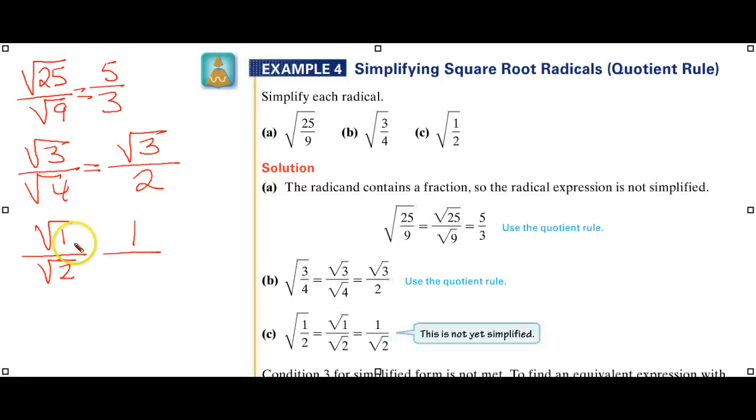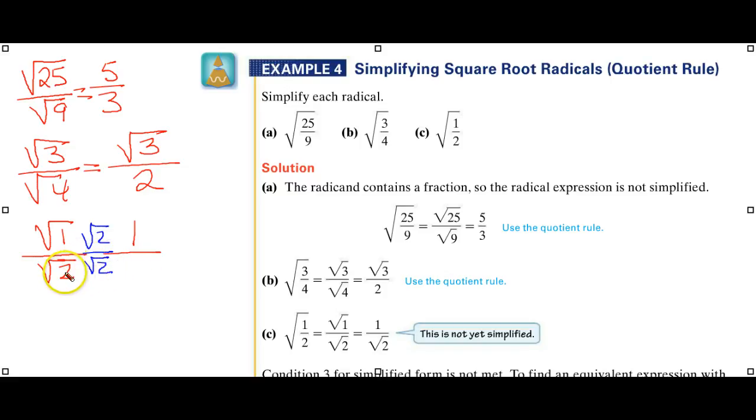And the most common way is to multiply this fraction by 1 to make it an equivalent fraction, so we end up with the square root of 2 not being a radical anymore. So the form of 1 that we choose is the square root of 2 over the square root of 2.